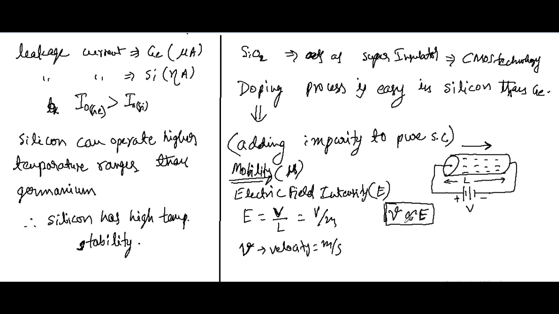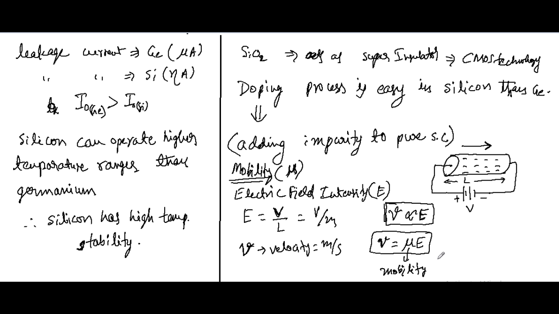From this, I am writing one standard equation now. The velocity of the charge carrier is equal to mu E. Here mu is also called the proportionality constant or mobility, because due to the electric field intensity, the charge carriers are moved from one side to another.